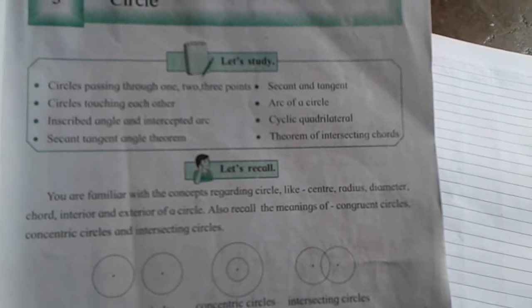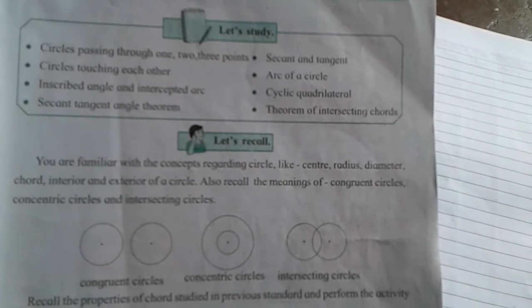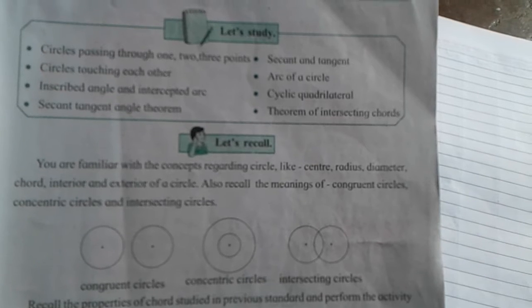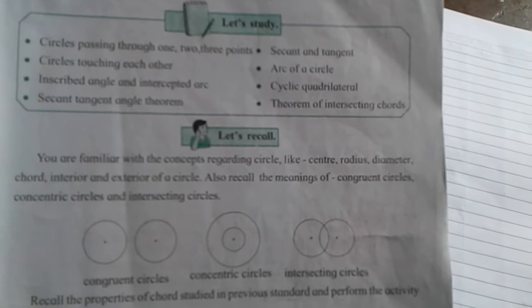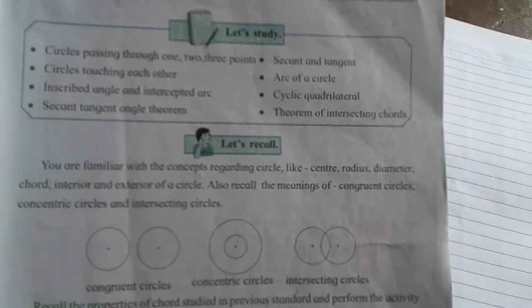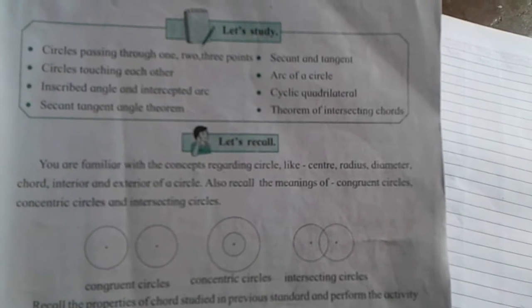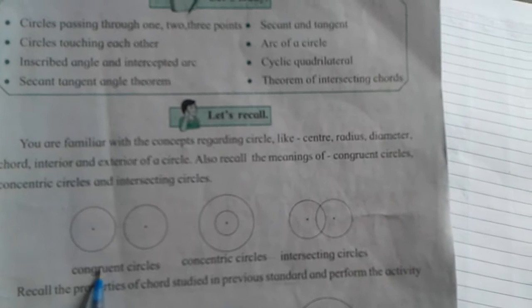Also, we have studied concentric circles, congruent circles, intersecting circles. Now we will recall the meanings of congruent circles, concentric circles, and intersecting circles. Now see here in this figure, in first figure, two circles are here.